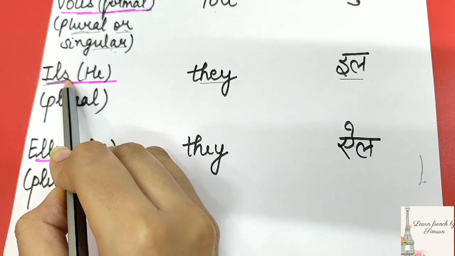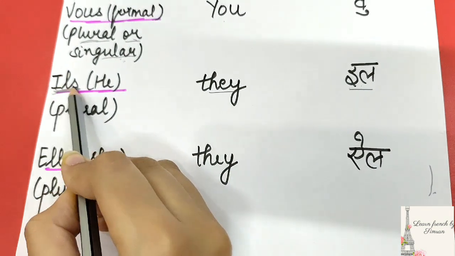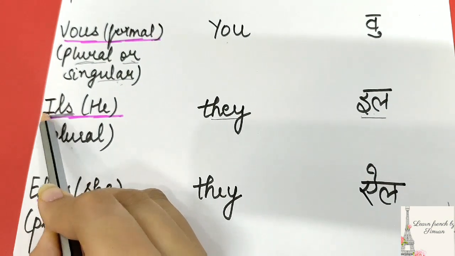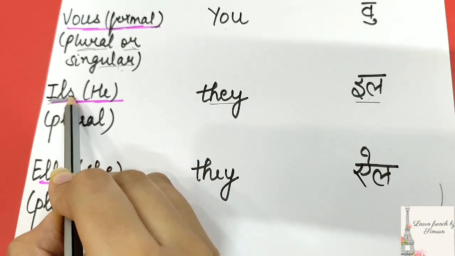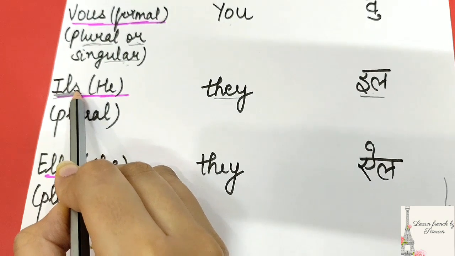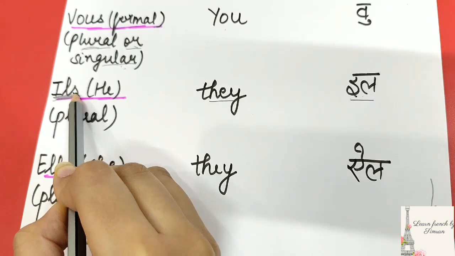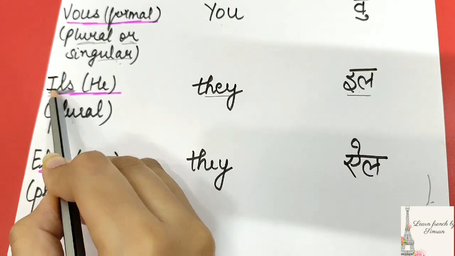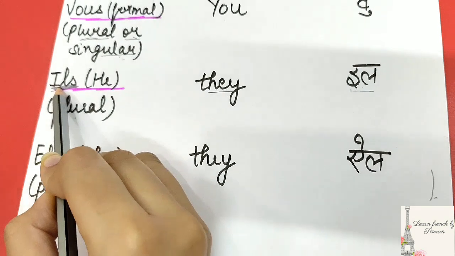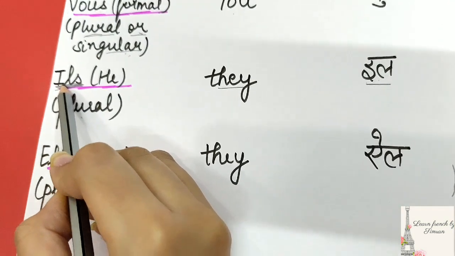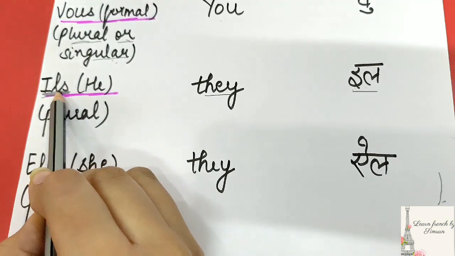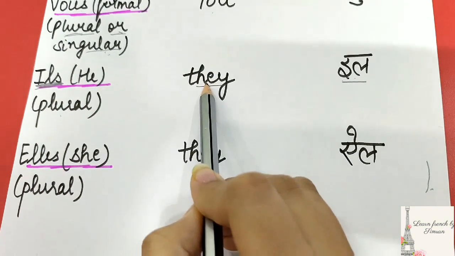So in that situation also you will use "ils." It is not compulsory that all the group members are male. If only one person in the group is male, in that situation also you can use "ils," which means they.